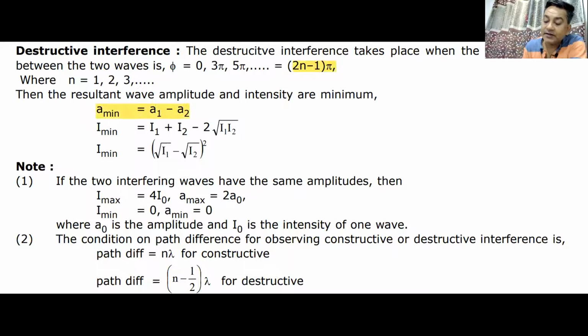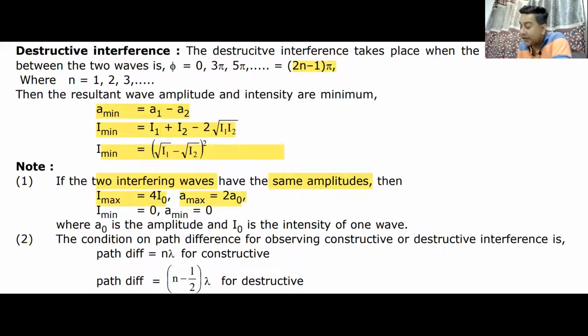The minimum amplitude becomes A1 minus A2, and the minimum intensity becomes (root I1 minus root I2) whole square. If the two interfering sources have the same amplitudes, then the maximum intensity is 4 times and the maximum amplitude is 2 times A naught. Minimum intensity in those cases becomes 0.